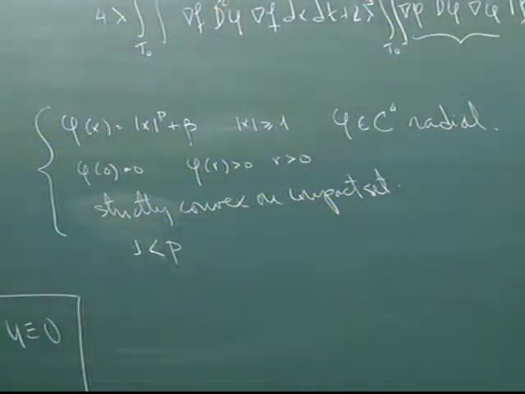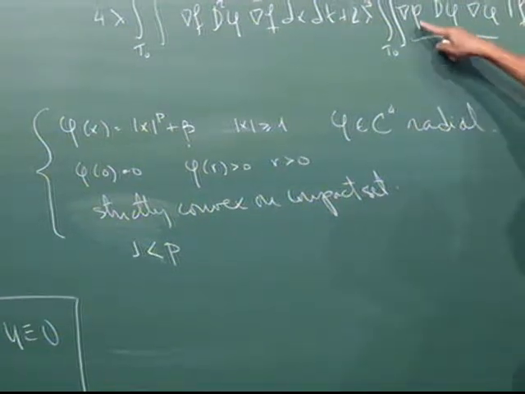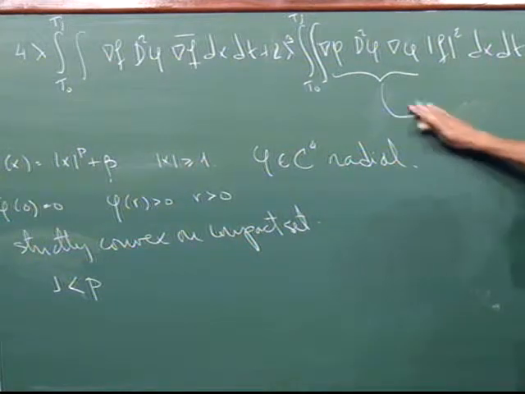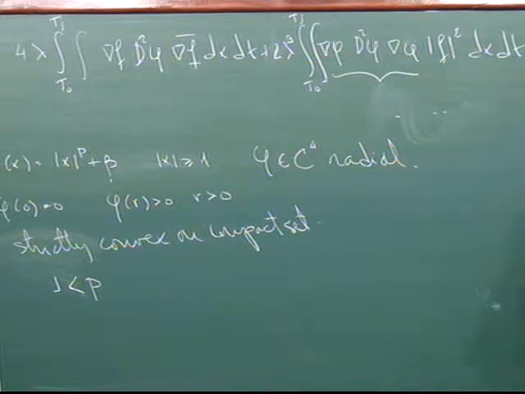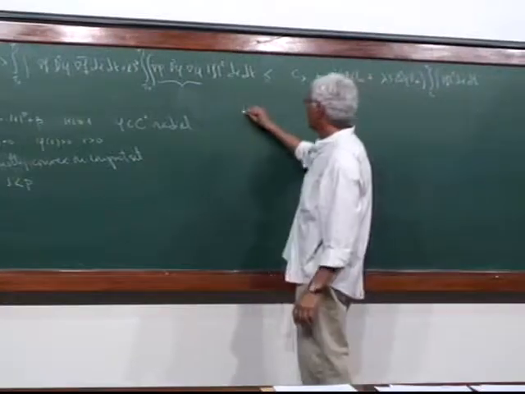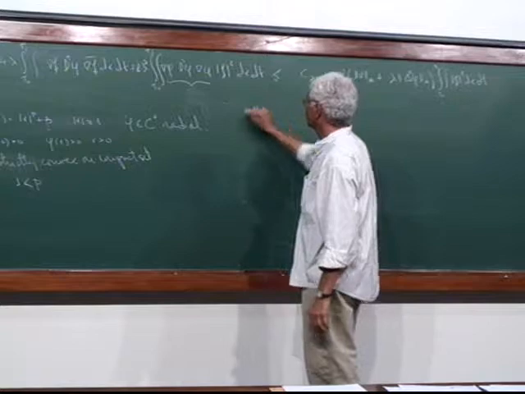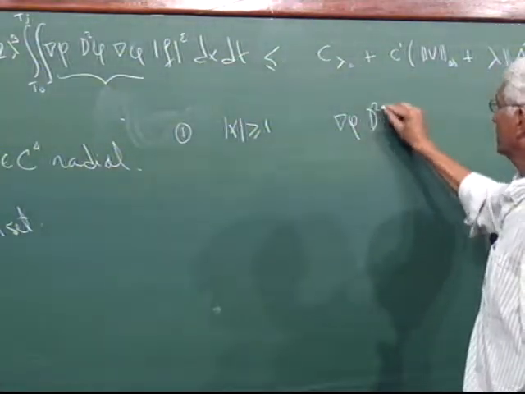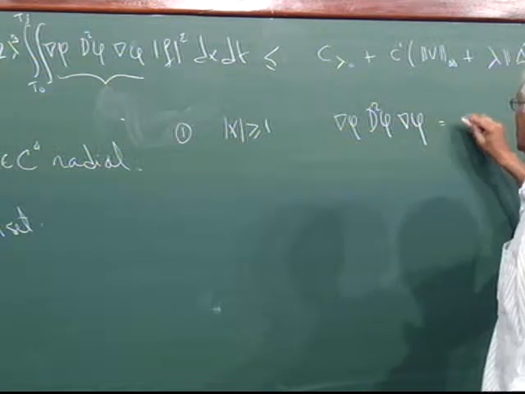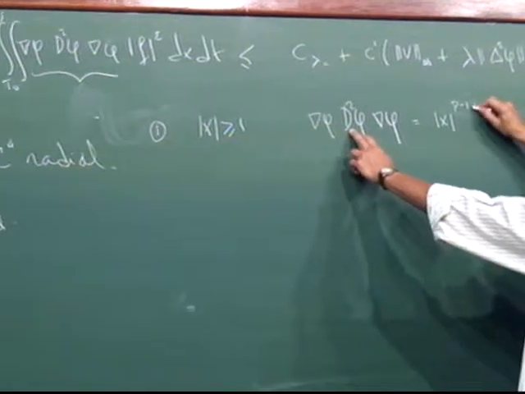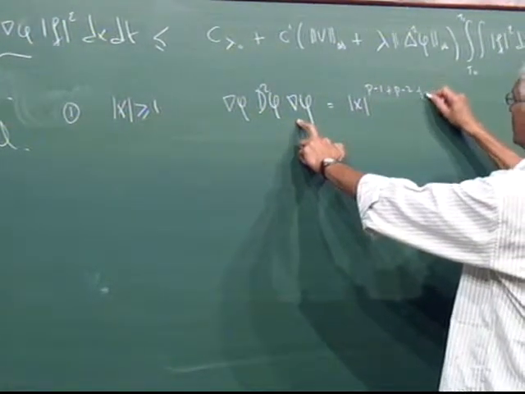Okay, then let's try to fix the point. How big is this quantity? Well, the proof that this term can be absorbed here, that this one is bigger than this one, goes like this. If x is more than 1, the gradient and second derivatives of this are like x to the p minus 1, p minus 2, p minus 1.